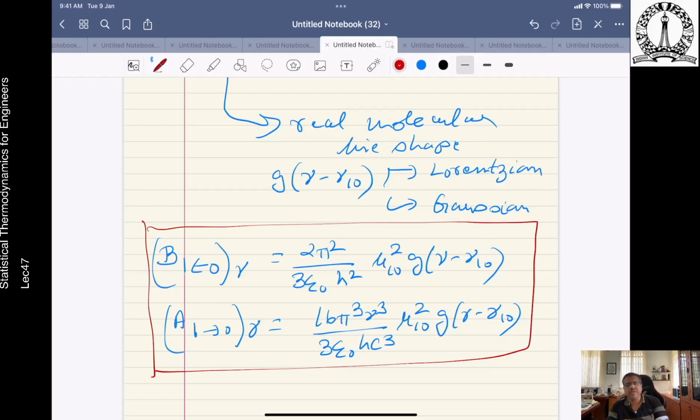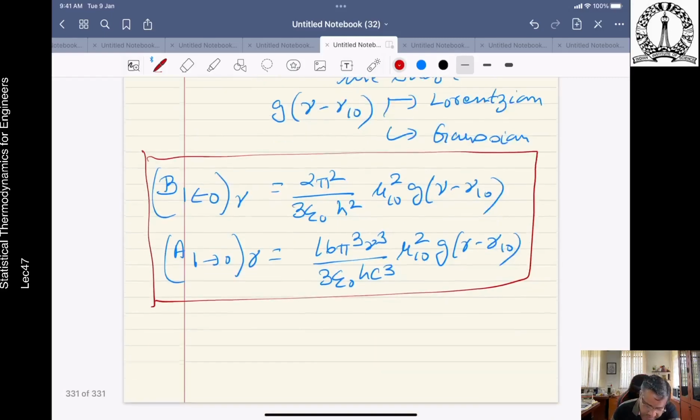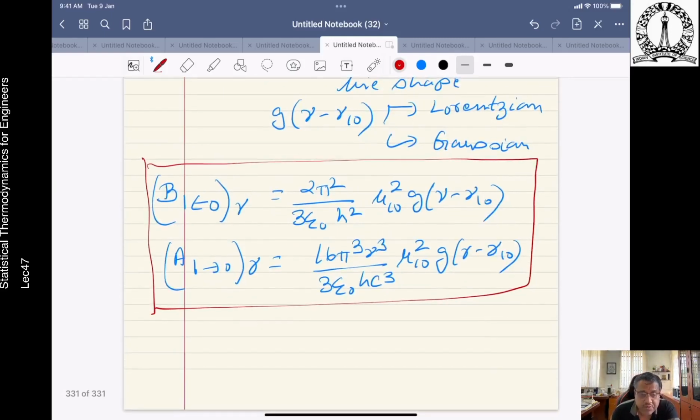So also note that the two levels 1 and 0 are assumed to be non-degenerate. The usual cases of degenerate atomic and molecular levels are a little bit more complicated.